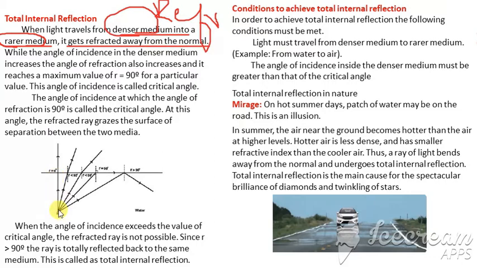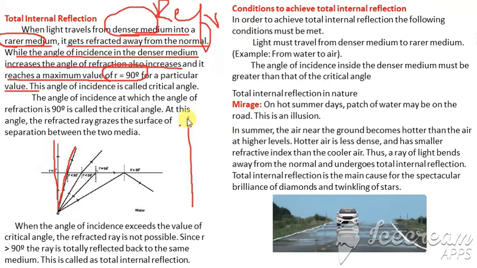So it gets refracted and goes away from the normal. Okay, while the angle of incidence in the denser medium increases, the angle of refraction also increases and it reaches a maximum of r equal to 90 degrees for a particular value. So take this as the normal, and here we have the angle of incidence i and here is the angle of refraction r.